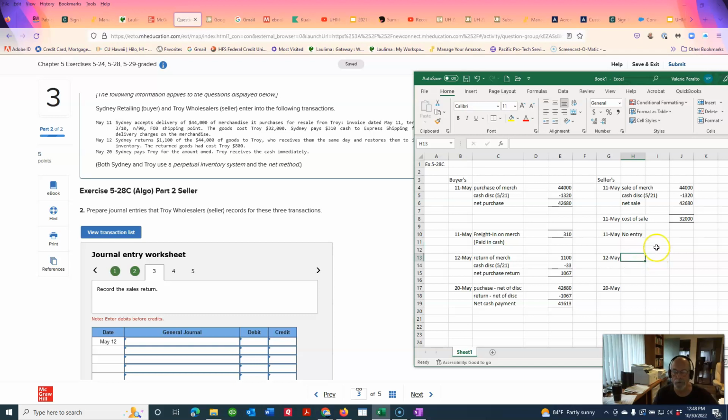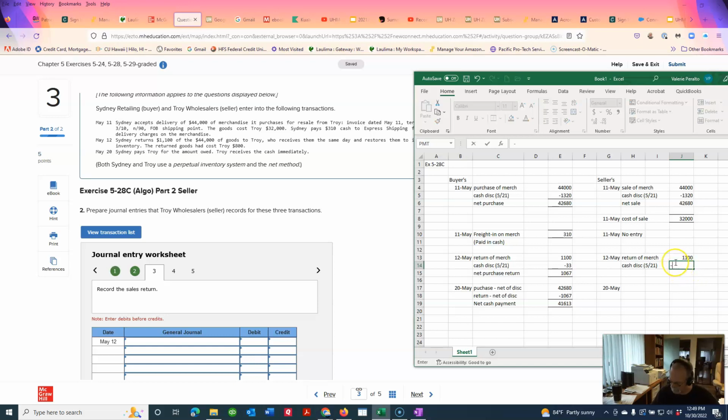Okay, so we're on the return, and we have a return of merchandise, and again, the amount is $1,100. And just as the buyer subtracted the amount of the discount on the purchase and the return, so too will the seller record the amount net of discount on both the sale as well as the sale return.